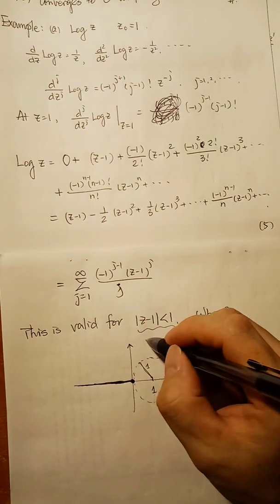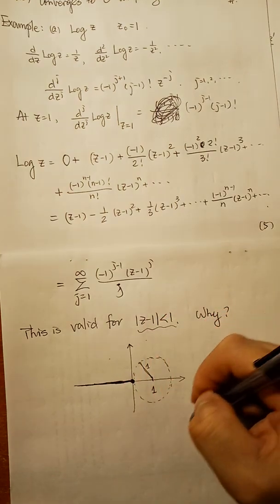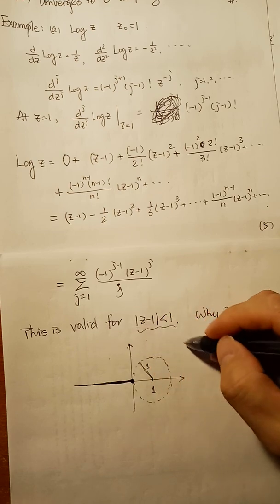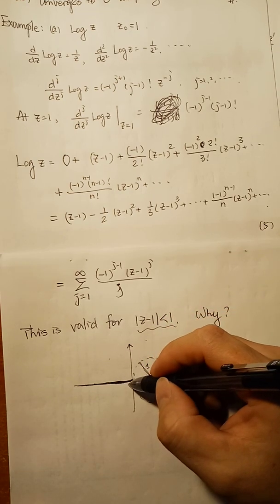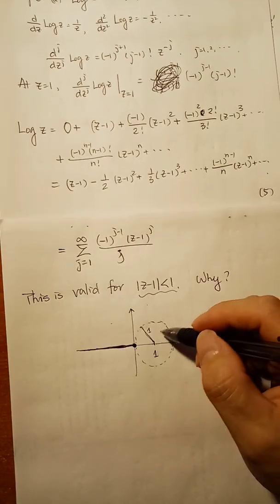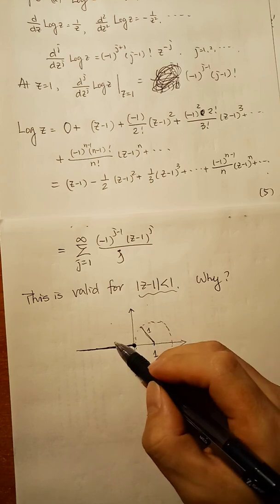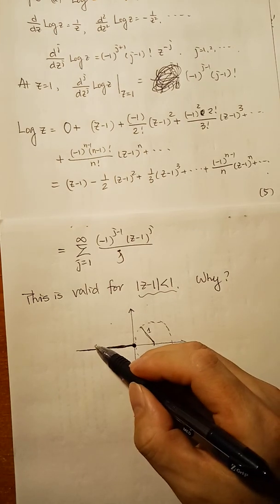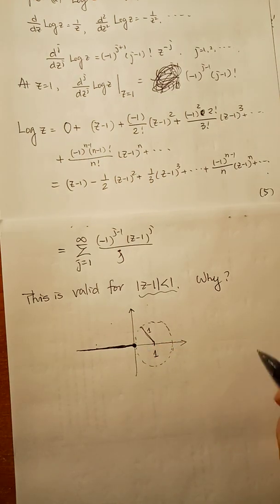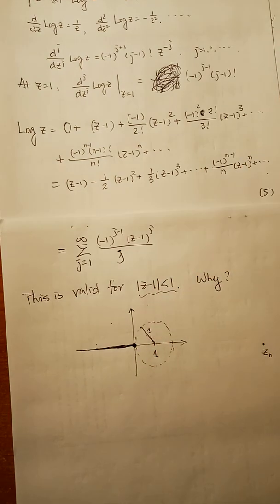Even though we know that here the function is analytic, in our proof we require over the whole open disk the function should be analytic. Unfortunately, this part is not. So in other words, if your point z0 is close to this cutting line, the radius is smaller. If your point is far from this line, the radius is bigger.